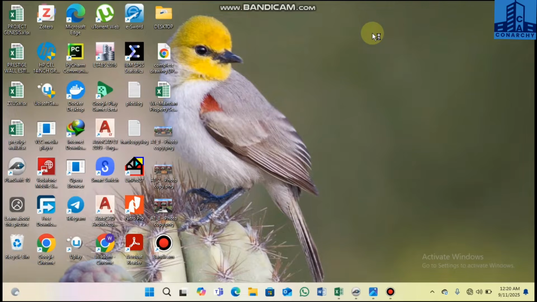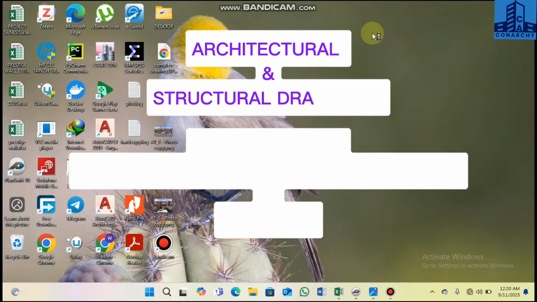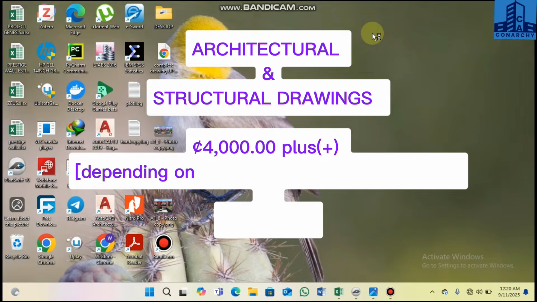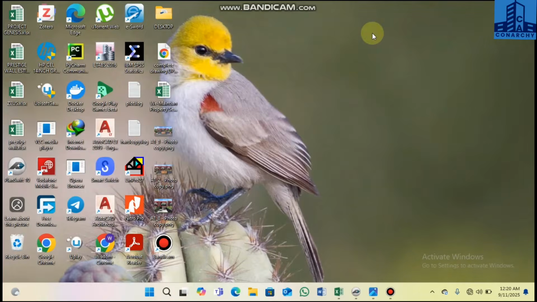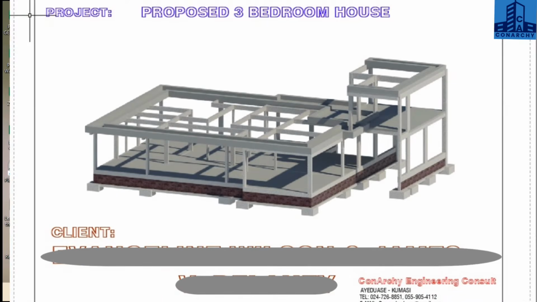After the site investigation, the next thing you have to do is to get both the architectural and the structural design drawings. So you have to get these two, structural and architectural. These are the drawings that we submit to the assembly for them to start processing your building permit. So you have to get an expert or a specialized professional to draft this for you.